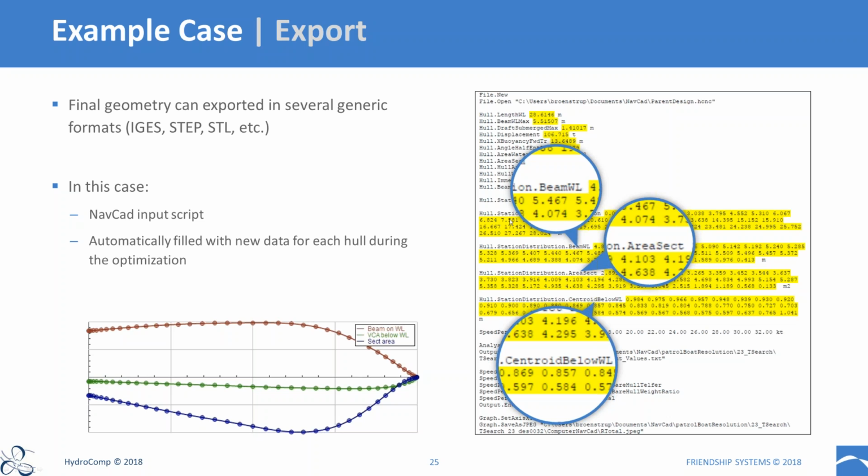So we have, first of all, a list of longitudinal positions, and then we provide the beam, the waterline beam at that position, the cross-sectional area, and also the centroid position of that cross-sectional area below the waterline. And this is basically what you see here in the plots at the bottom. And this gives NavCad all the information it needs about the shape of the hull.